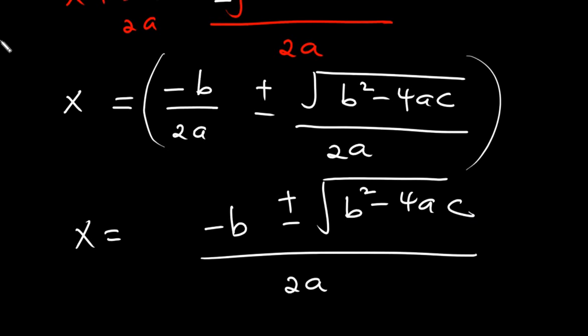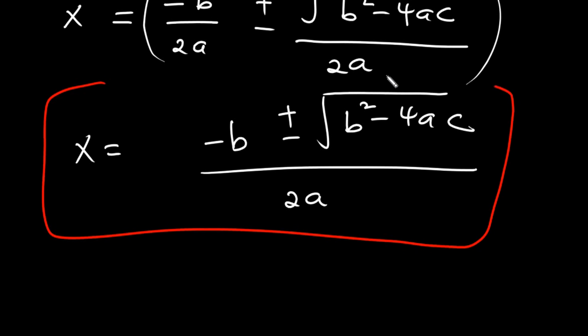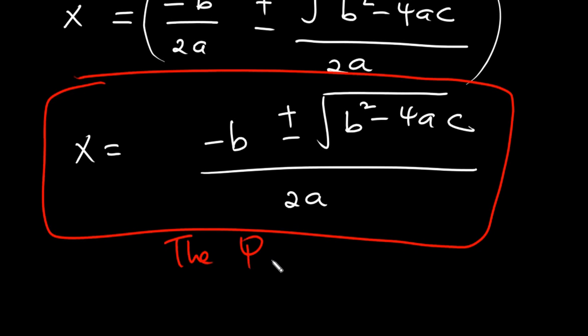So what we have now, which is the value of x, is what we call the quadratic formula. So we have derived the quadratic formula, and we can now use it to solve any quadratic equation that you are given.